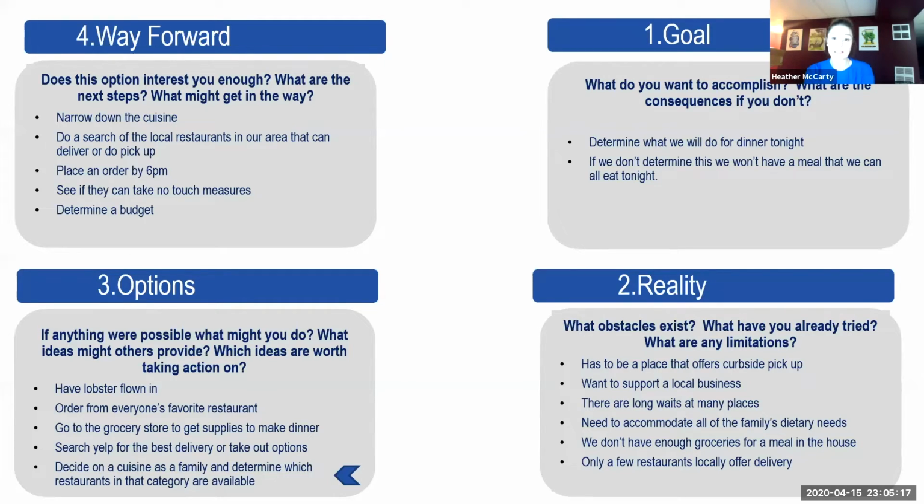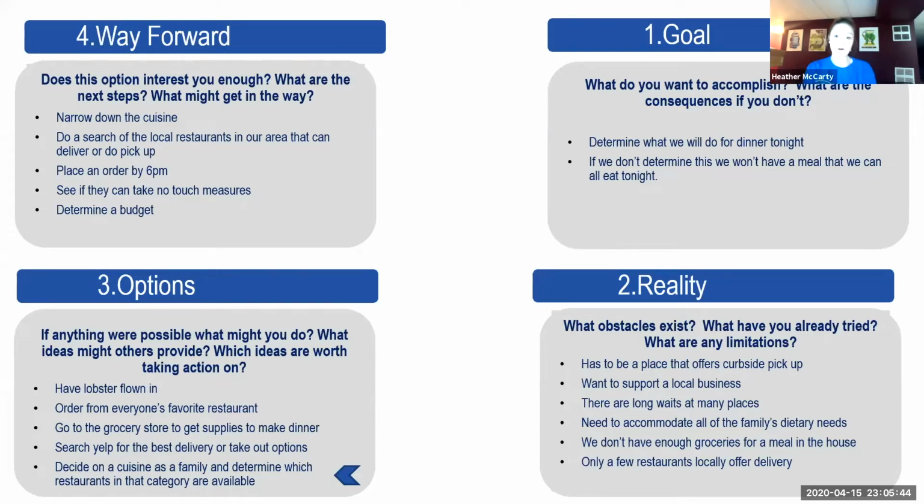Just given the situation that we're in, a barrier could be potential contamination, so I want to make sure that's something they can do as well. And then finally, as I thought about something that might get in the way, I need to look at budget. We're not in a place where a $50 meal tonight makes sense, so I need to make sure that it fits within a budget that works for our family.